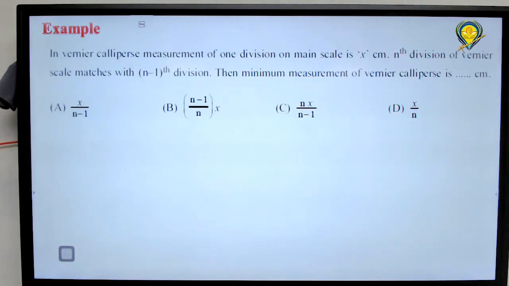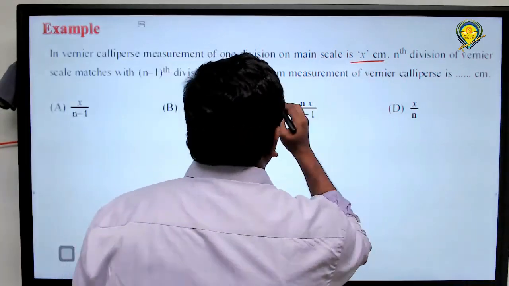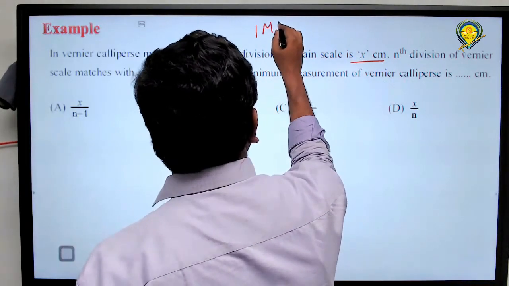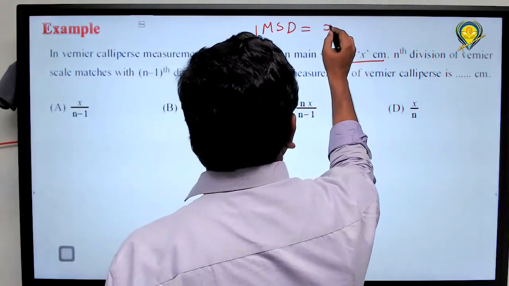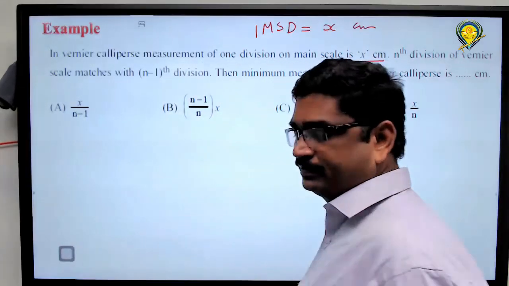Try to solve this one. In a vernier caliper measurement, one division on main scale is x centimeter. That means one main scale division is given as x centimeter.